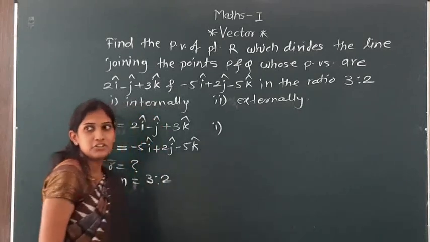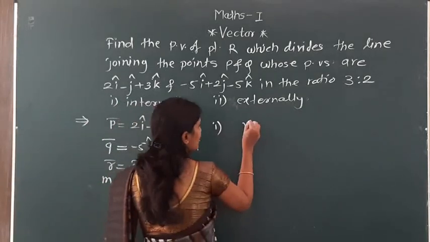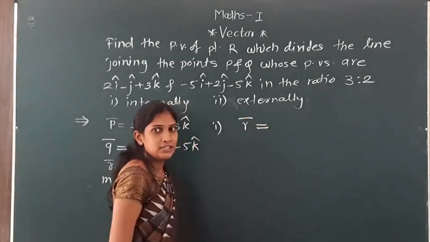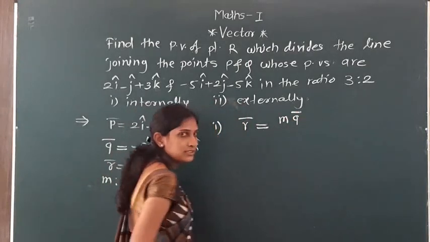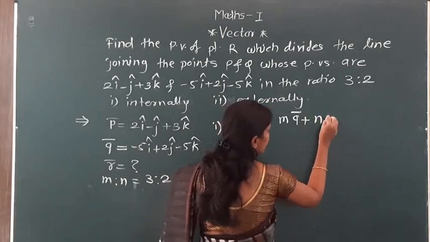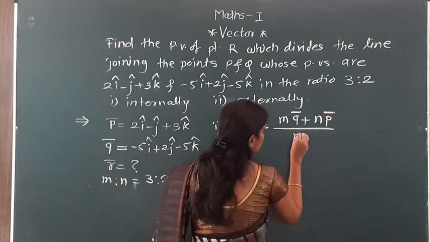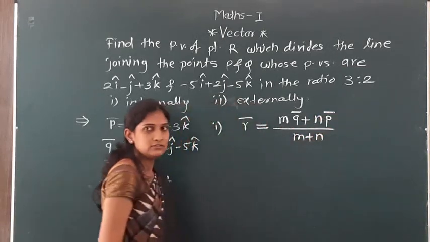For internal division, the formula is R bar is equal to (m q bar plus n p bar) upon (m plus n).